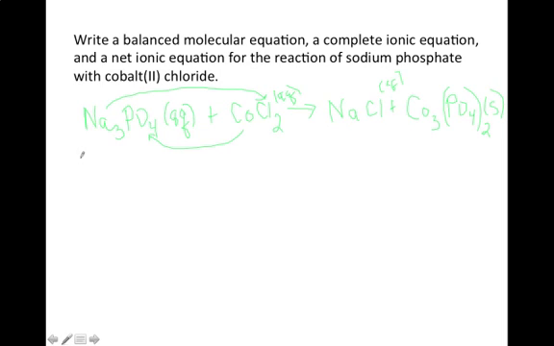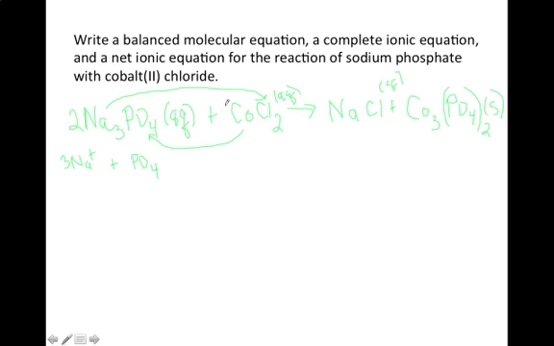So let's write our net ionic equation. We've got 3 sodiums plus a phosphate. Oh, and we didn't balance it, so we need to make sure we balance it because we've got 2 phosphates over here and 3 cobalts. So we need to put a 2 here. That gives us 6 sodiums, 2 phosphates, 3 cobalts.